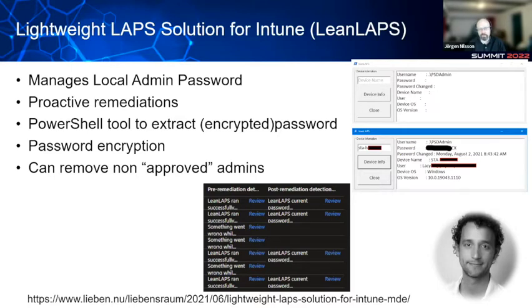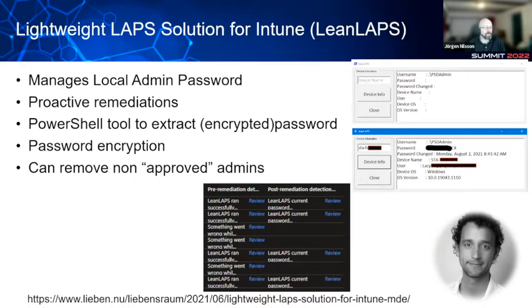Basically, type the device info and you get the password. So it's really a simple solution, and it doesn't require an Azure subscription, which the other tool does. So it actually makes some sense from that perspective.